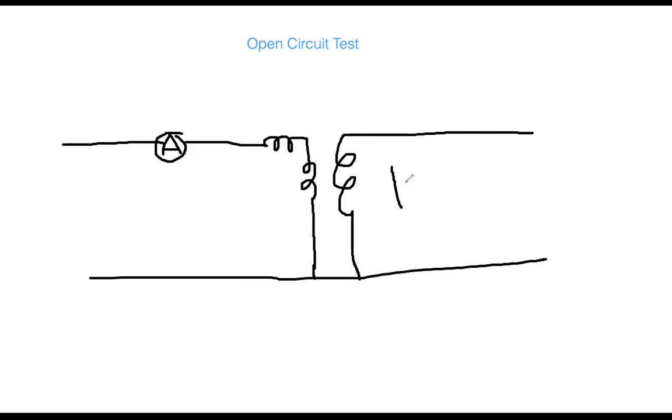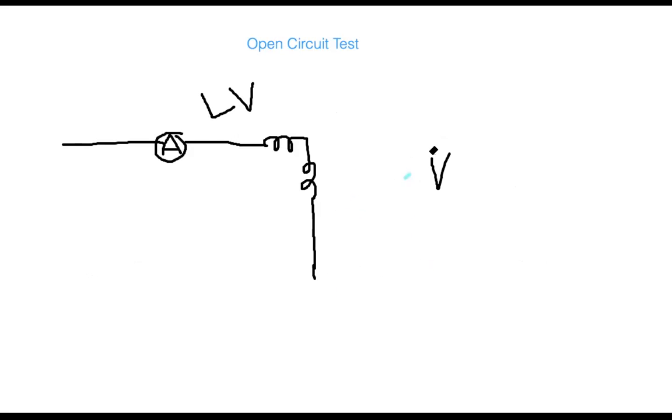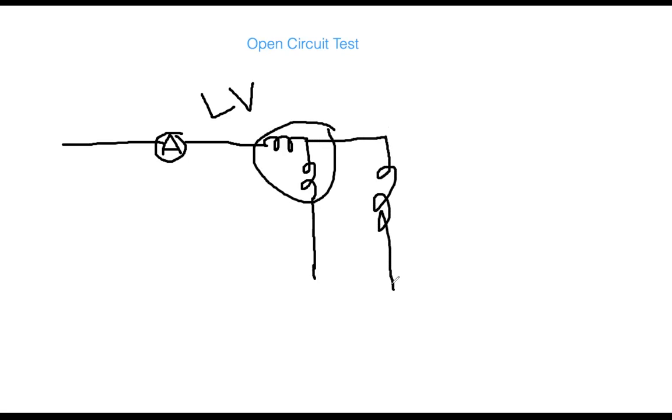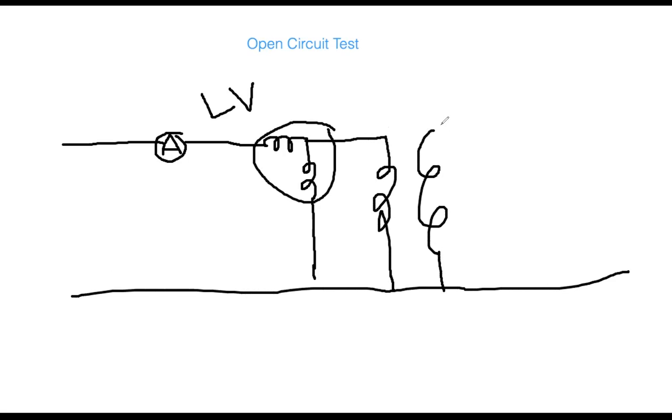So this time, this side is your HV side, and this side your LV side. This is actually that wattmeter. After that, there is that primary coil. And then this one is your secondary coil. And again, you need a voltmeter here at the beginning.